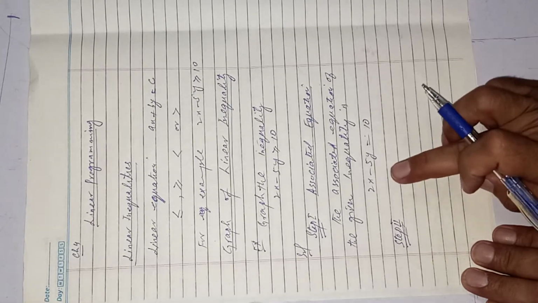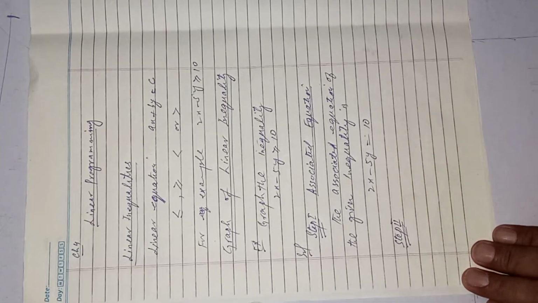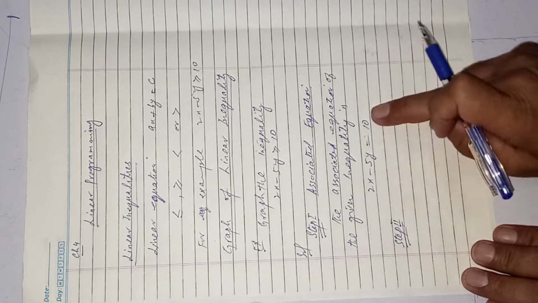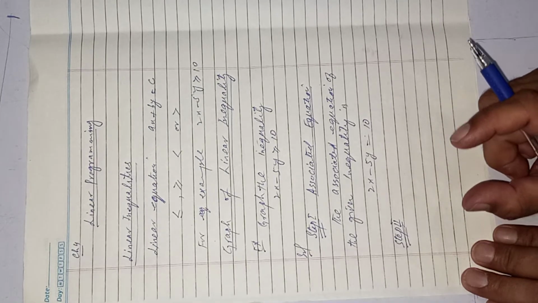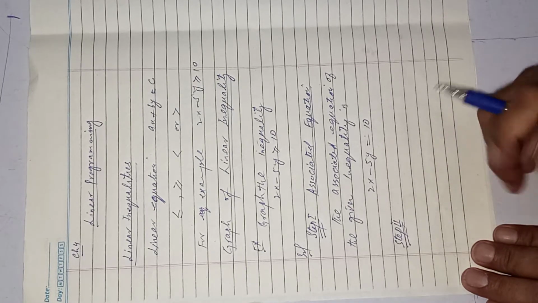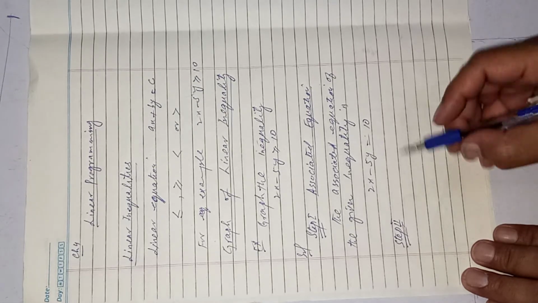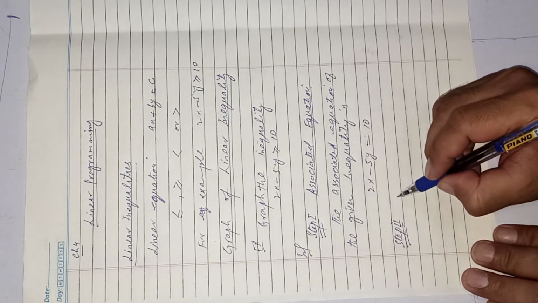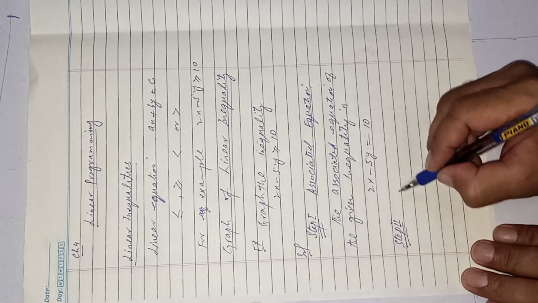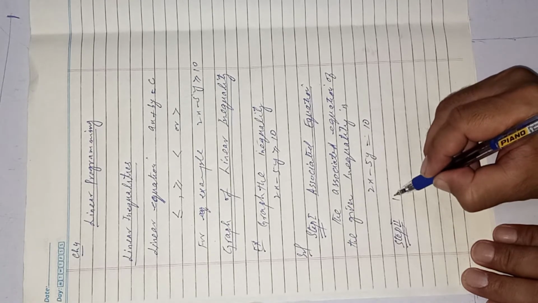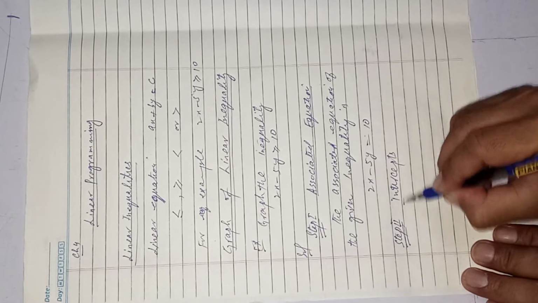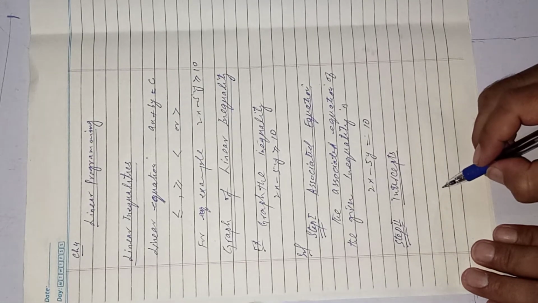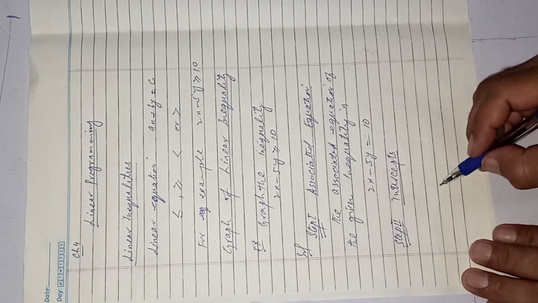First we draw the graph of the associated equation. For this we need 2 points. So we find the intercepts of the given equation. You have studied intercepts in the previous chapter.